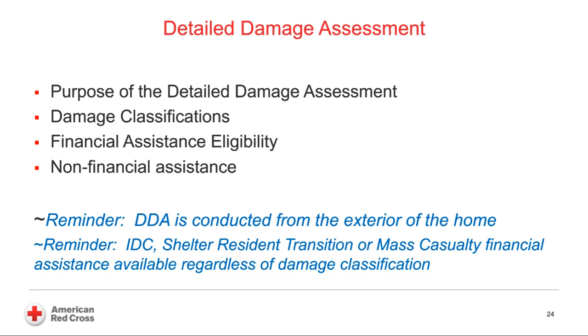And also, more importantly, regardless of the DDA, the client would be eligible for financial assistance for IDC, that's disaster mental health, disaster health services, disaster spiritual care, shelter resident transition, or mass casualty financial assistance, regardless of the damage classification.